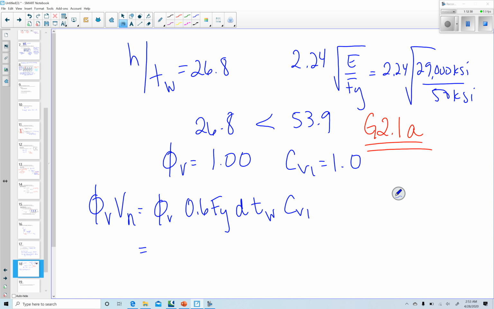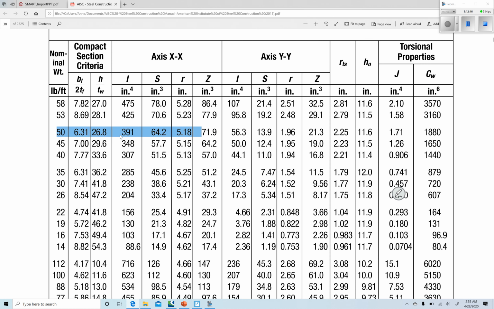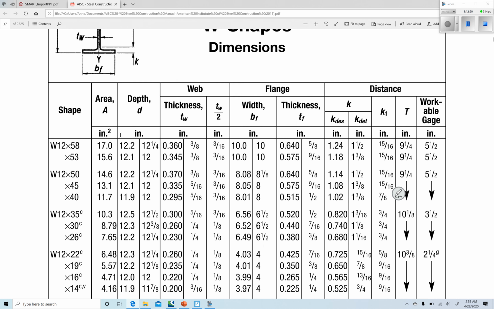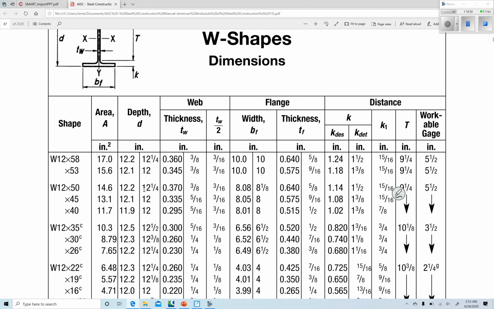So I get 1.0 times 0.6, 50 ksi. Let's see, I gotta go look up those values. That's where it's always like, maybe should have looked it up before. Let's see, W12x50. My depth is 12.2 technically.